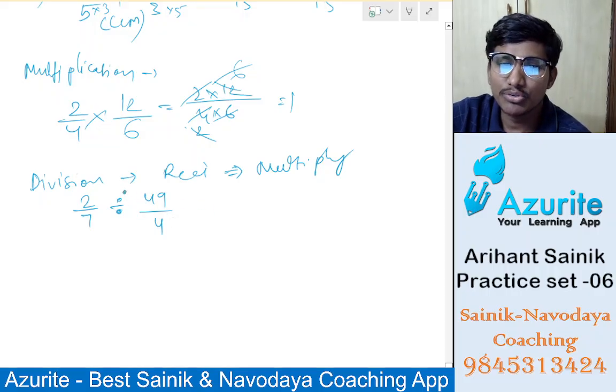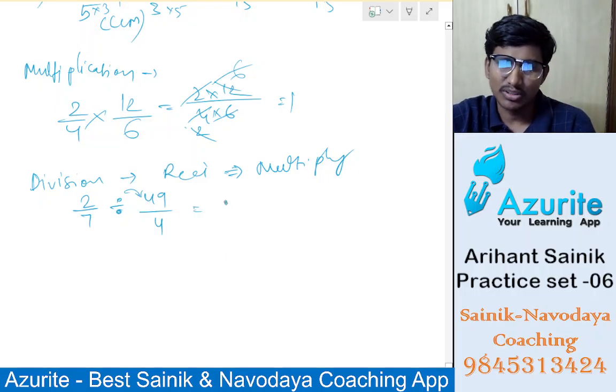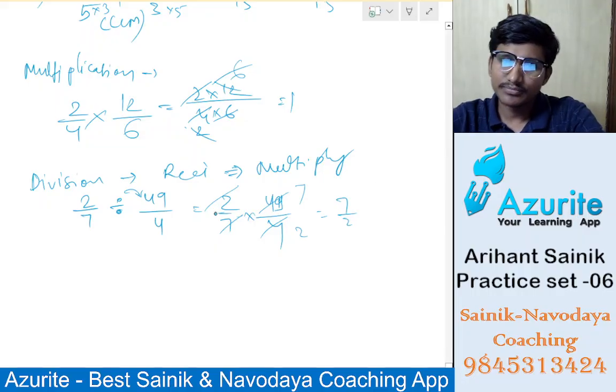We have to take the divisor's reciprocal. So 2 by 7 into 4 by 49. Now 7 7s are 49, we can cancel, 2 2s are 4.